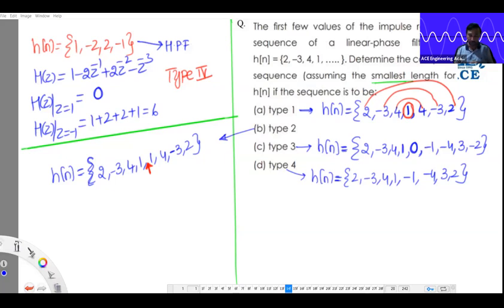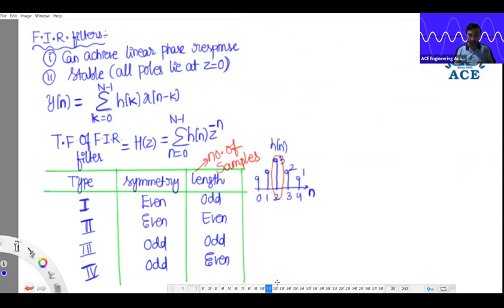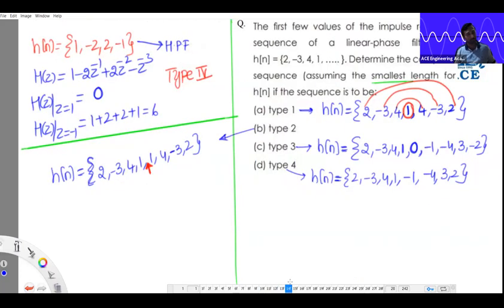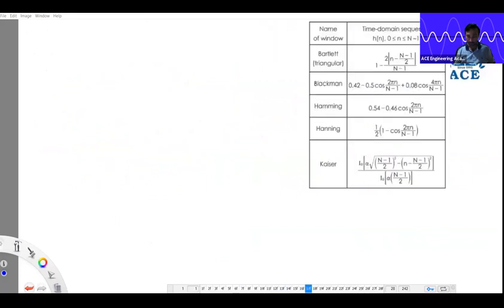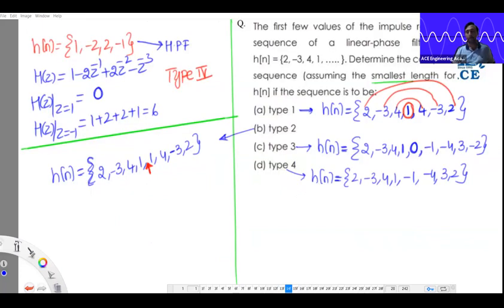But again, to answer this example also, the background is that slide, or not? Beginning samples are given by assuming the smallest length. Find the complete set of data is the question.